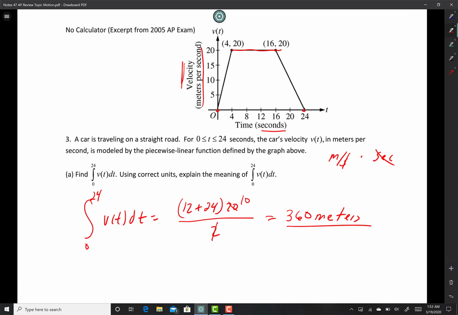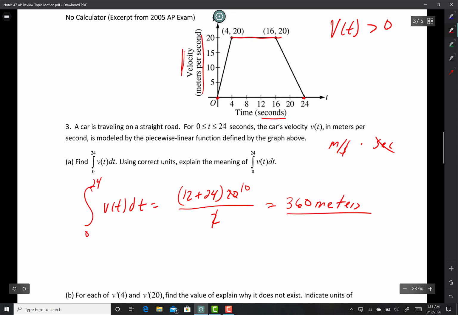And it says using correct units to explain the meaning. Well, this is my velocity and it's always positive. It's always above the x-axis. Because it's velocity and always above the x-axis, yes, you can say displacement, and technically you're correct. But I think a better word to use here is distance traveled. So this is the distance traveled between t equals 0 and t equals 24, or within these 24 seconds. But I think it's better to state the interval, guys.